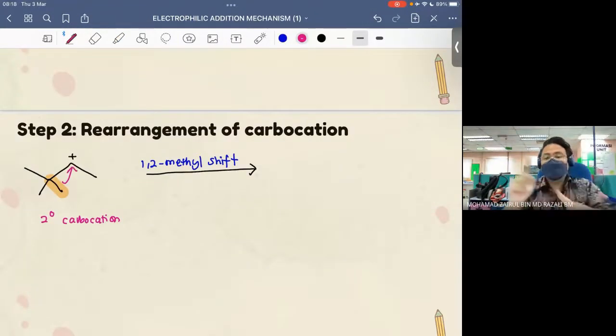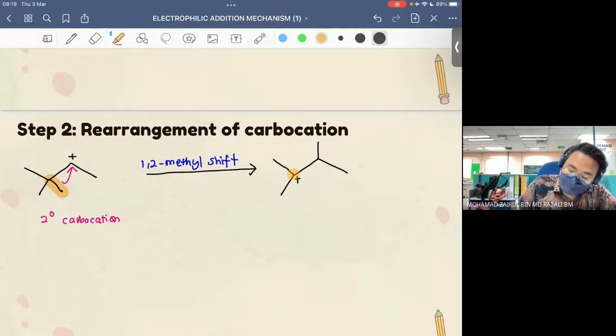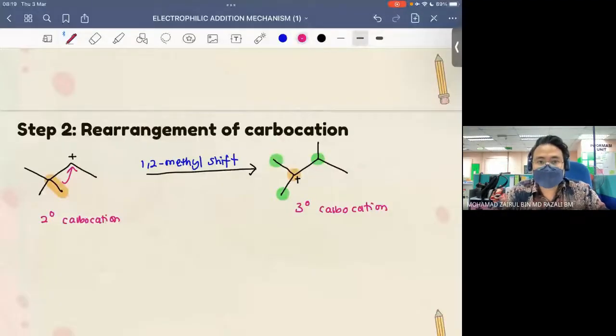Dia macam swap tempat dengan positive charge tu. So methyl ni dah pergi ke sini. Okay, so sini saya punya positive charge. So kalau awak tengok sini, carbocation ni dia bonded to 1, 2, 3 carbon. So sekarang dia akan hasilkan tertiary carbocation which is way more stable compared to secondary. So now, dah hasilkan carbocation yang paling stable, kita boleh pergi kepada next step.